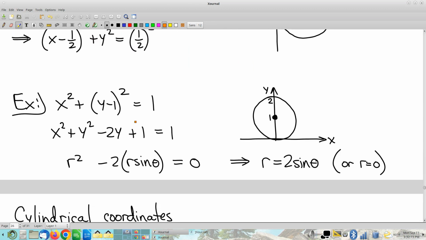Going the other direction, going from a rectangular equation to a polar equation tends to be easier. It's pretty much just a matter of plugging in the known formulas for x and y. That's kind of all there is to it. No big deal. There are a couple of shortcuts. You'll notice here I multiplied out that one term first.